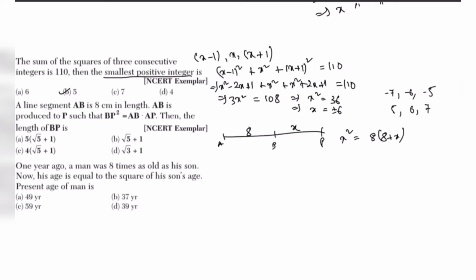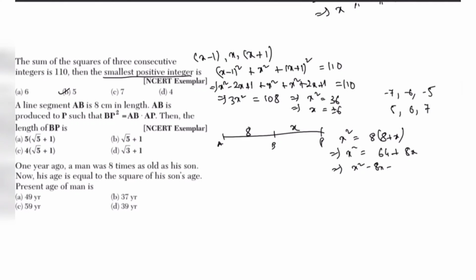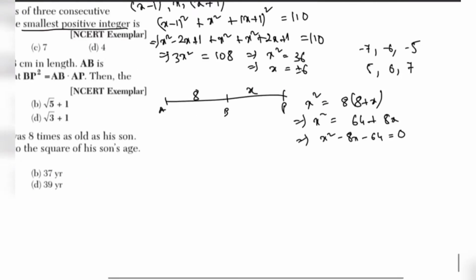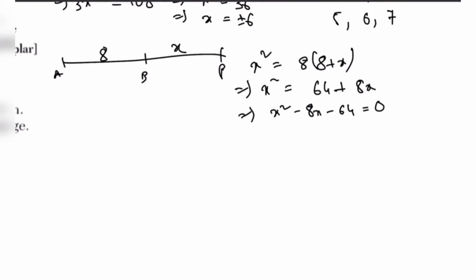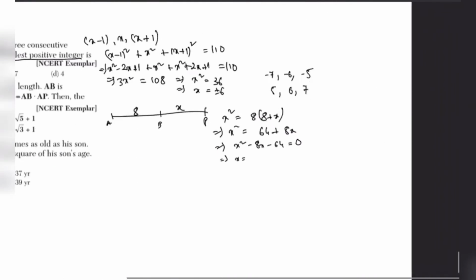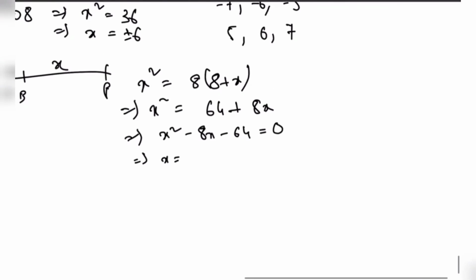So let's solve. x square equal to 64 plus 8x implies x square minus 8x minus 64 is 0. So this means by quadratic formula, so I'll just write down the quadratic formula for those who do not remember.